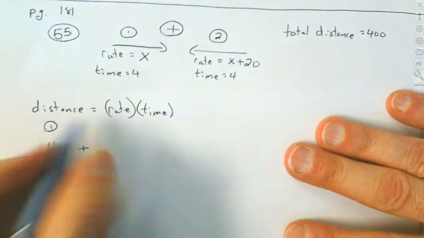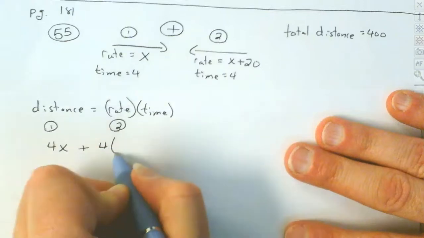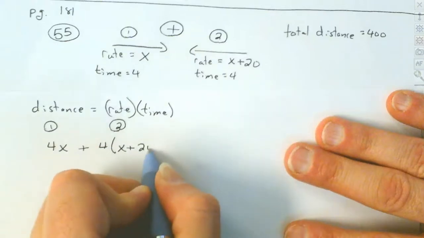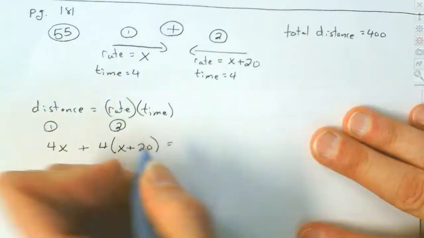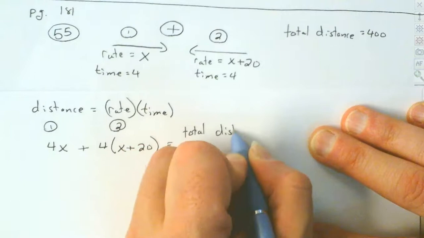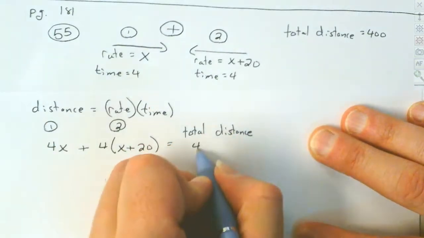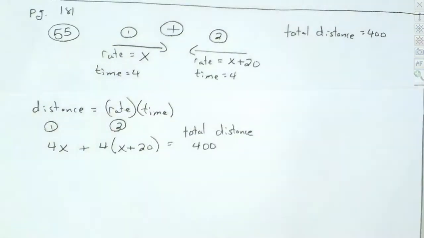We're going to add that to the second car, and it's going to be 4 times (x plus 20), and it needs to equal my total distance, which my total distance is the 400.